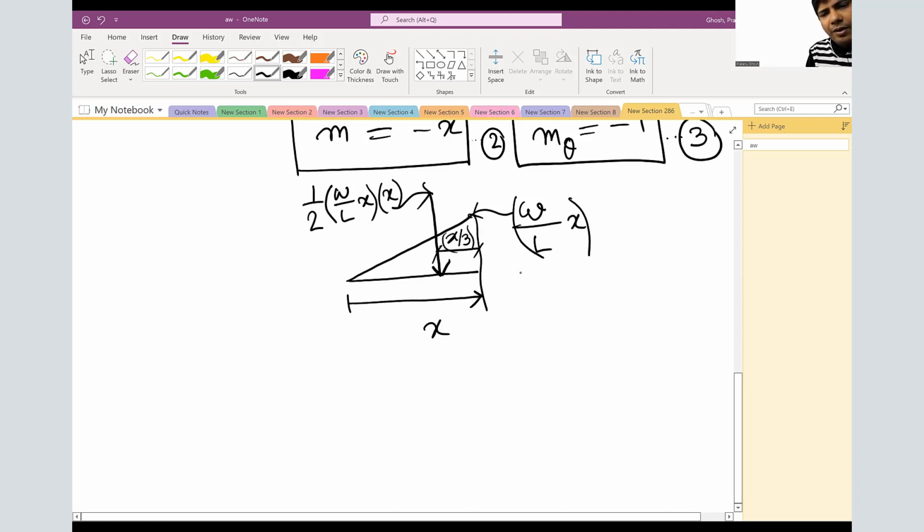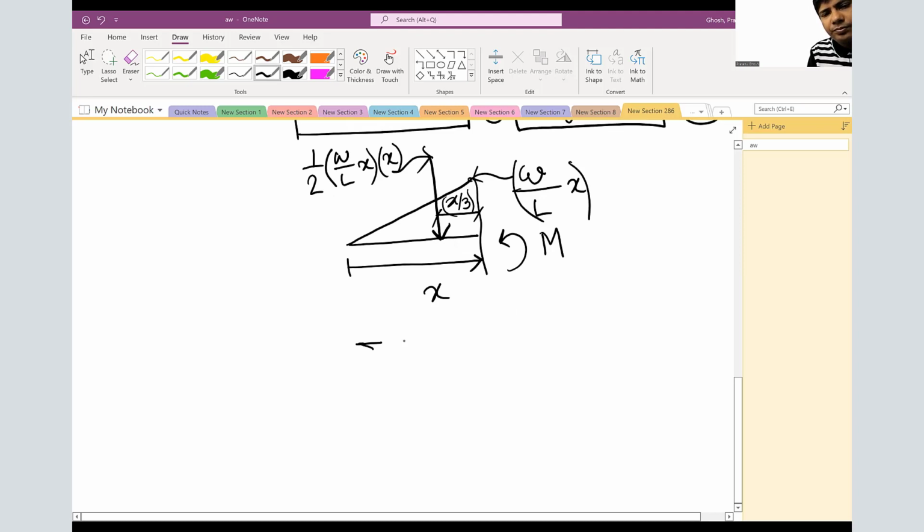And you are trying to find out your internal moment, uppercase M. So let's find out. M counterclockwise is positive, and this one will create a counterclockwise moment.